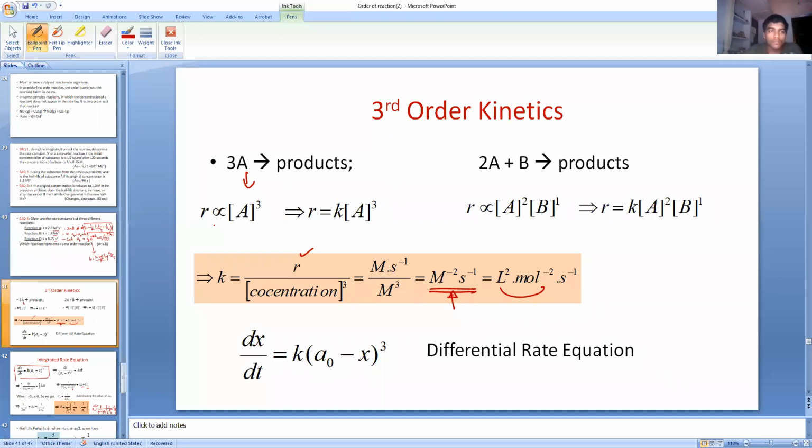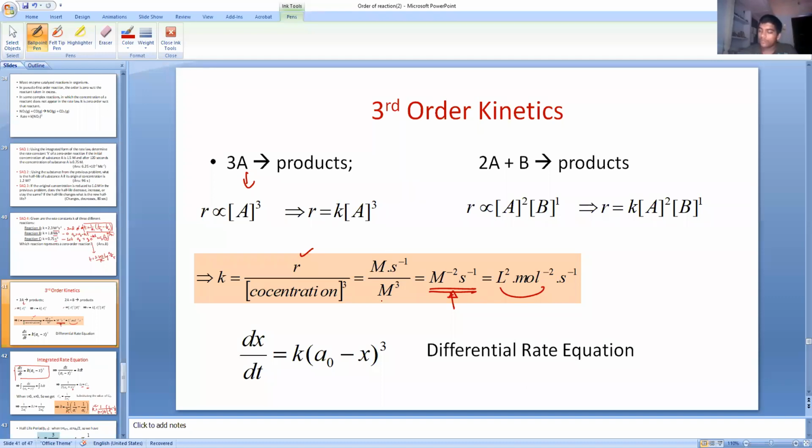Now, if this is the differential equation, rate is proportional to the third power of the concentration, that is the third order reaction, then the unit of rate constant will be rate divided by concentration cube, that is molarity cube.